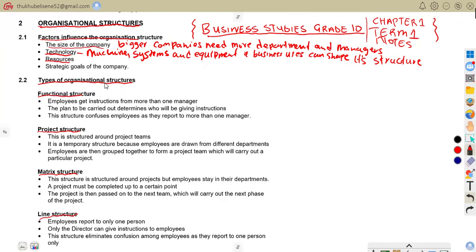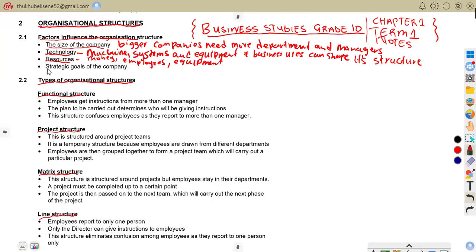When you're talking about resources, you're talking about money, employees, and equipment that determine how the business is organized.